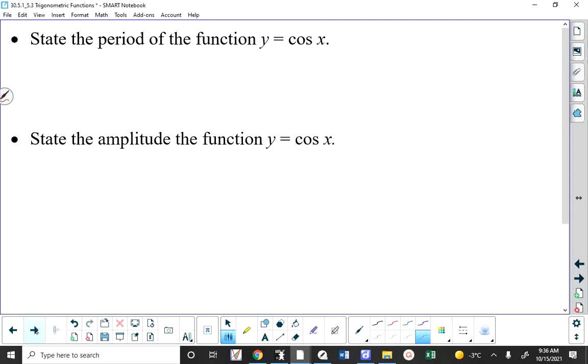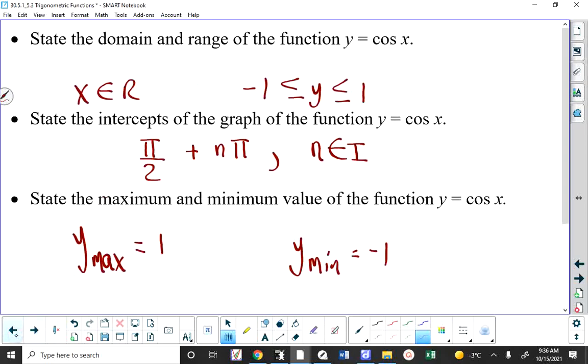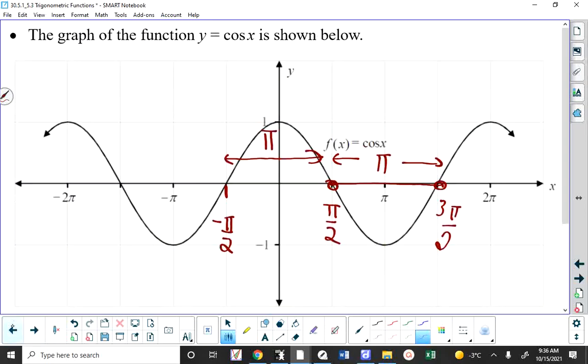Well, any circle does. So wherever you start, once you get back to that place, you're going to start repeating the same set of numbers. So the period is still going to be 2 pi. The amplitude is 1. Right? It's the distance from the middle to the top.